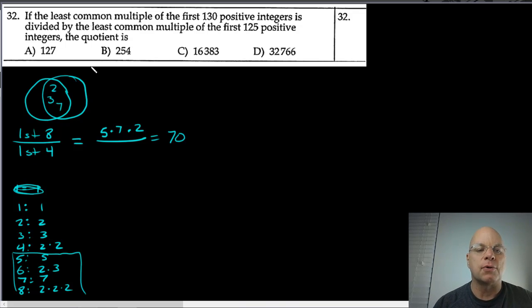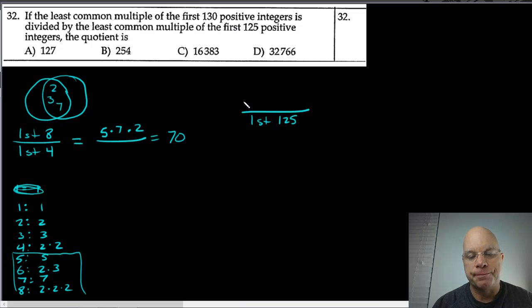Well, that isn't the problem we're solving, but I used that to illustrate how you would solve it. In other words, you don't have to concern yourself with the first 125, other than to keep in mind which of the prime factors that we're about to reveal for the next 5 numbers have already been used.